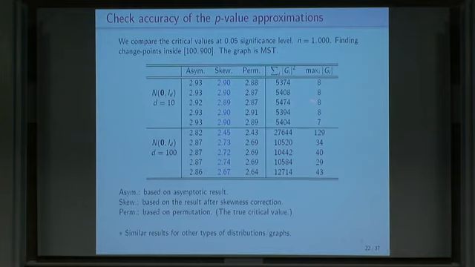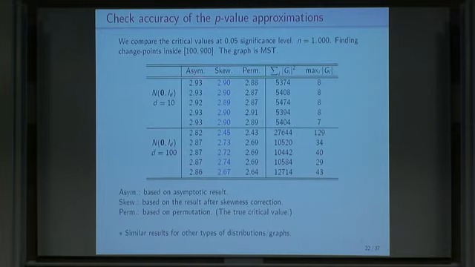When the dimension is low, the graph does not have any big hubs, so the assumption for the asymptotics holds, and if we compare these two columns to the last one, both of them work pretty well.